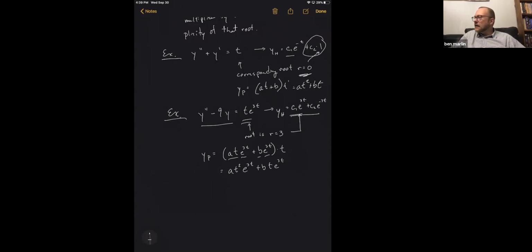But because my root that appeared here, my r equals 3, that's supposed to say r equals minus 3, isn't it? Nope, it's supposed to say r equals 3. Sorry, my bad. Because my r equals 3 is multiplicity 1 for the homogeneous part, that says I need to come down here and multiply by t to the first power, okay?